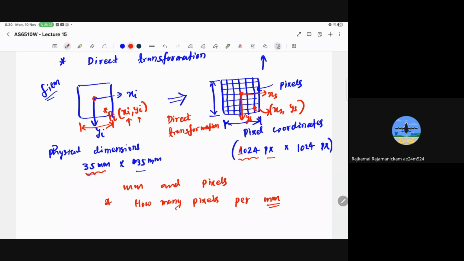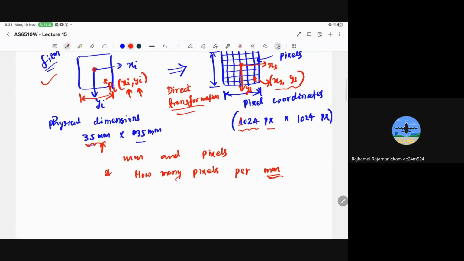Generally the film of a particular camera will be of a small size, which is why millimeter is the unit I have considered. The ultimate thing is to do the transformation from film to digital image. You need to know how many pixels per millimeter. If you know that, you can decide based on the xy coordinate, go to the digital image and find the pixel coordinate.